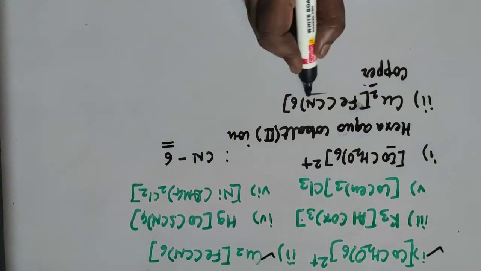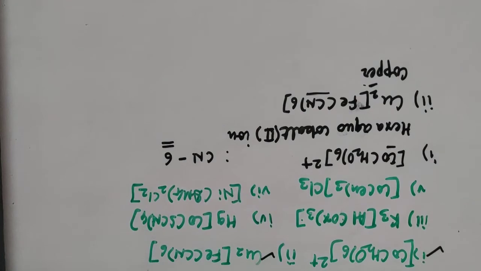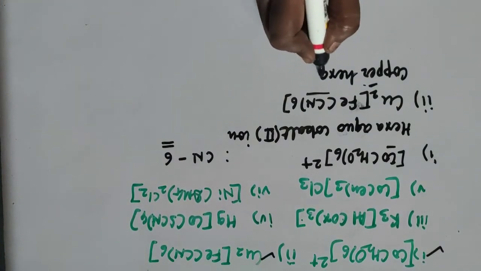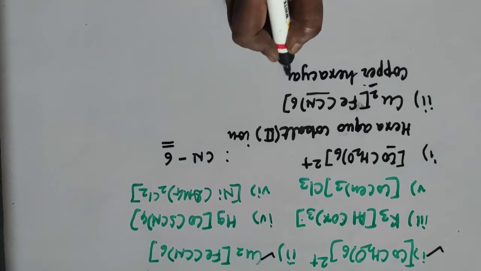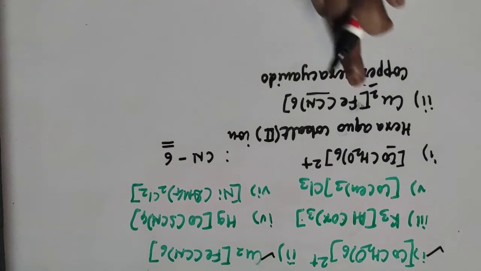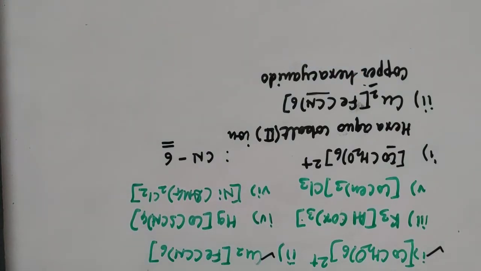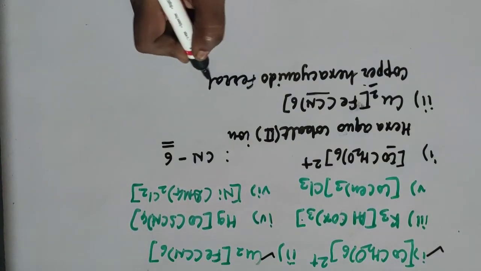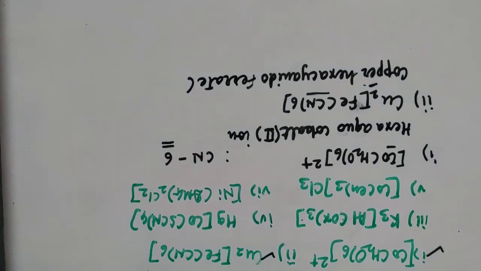Then you go for ligands here. 6 CN groups are present, so it is hexacyanido, or you can write hexacyano also, hexacyanido. Then as this is a negatively charged or anionic complex, the end of the metal name should end with -ate. So this is ferrate, and now the oxidation number of Fe.